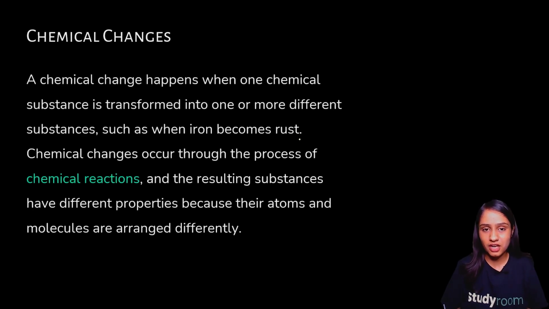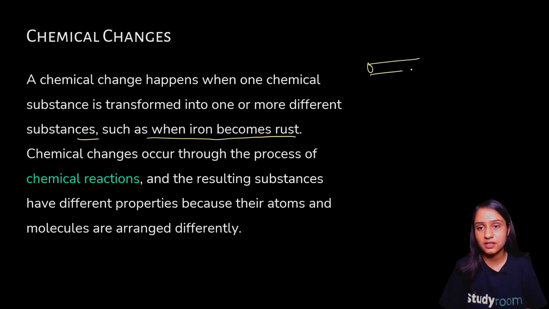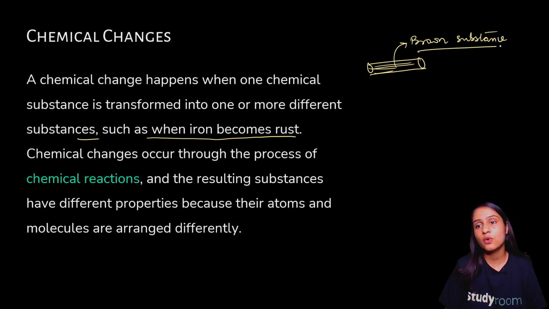A chemical change happens when one chemical substance is transformed into one or more different substances, such as when iron becomes rust. You must have seen iron getting oxidized, iron having a brown substance over it. What conclusion do you derive from it? It got rust.